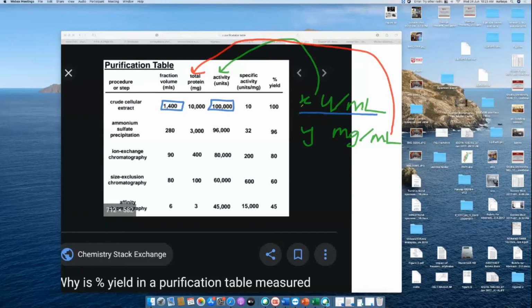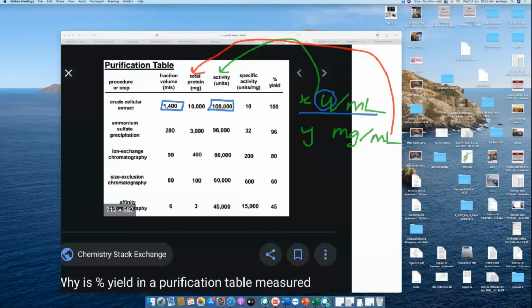Then you will get, for every ml, what the unit is. I repeat, if you want to get the total activity, you multiply the activity that you have calculated by the volume, and then you will get the total activity.